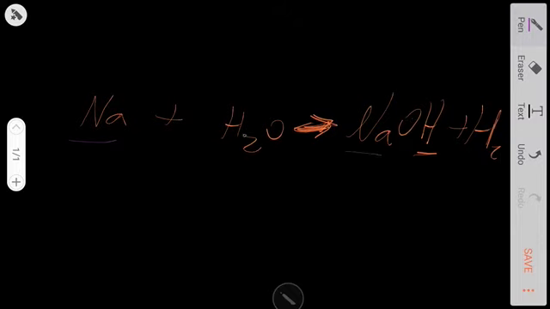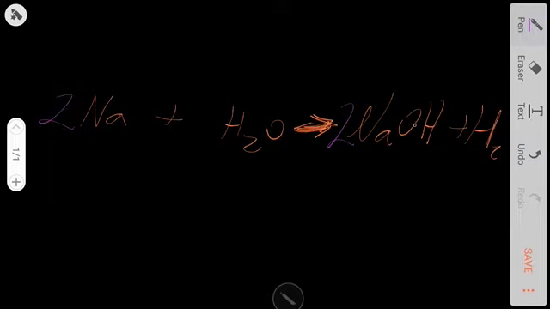Fantastic. Here I've got 2 hydrogen, and here I've got again 3. So what can I possibly do? Multiply this by 2. And that now makes me have 2 sodium on my products, so I have to have 2 sodium on this side as well.